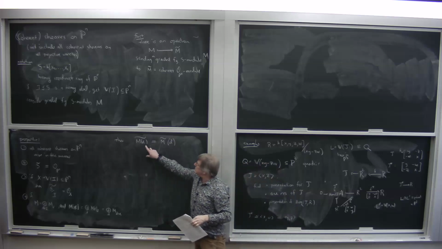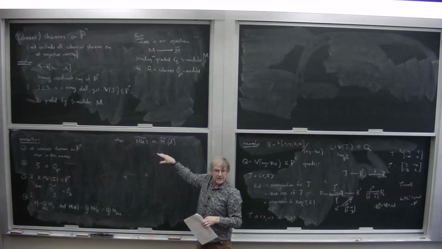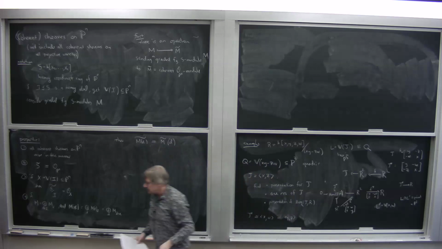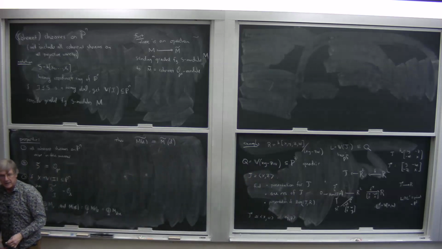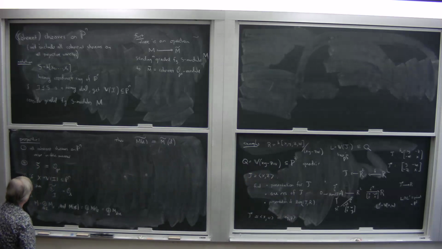This looks like there's no content here, but there is. This is an operation on modules, and this is an operation on sheaves, and they correspond to each other. It's not a huge amount of content; it's pretty easy. Okay, what other things do we have?